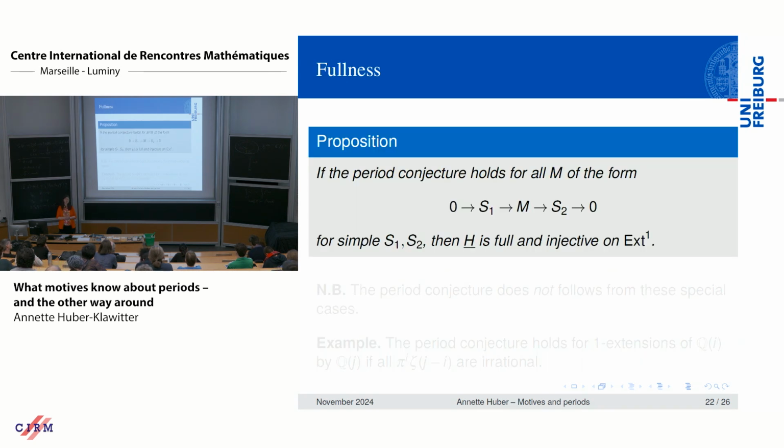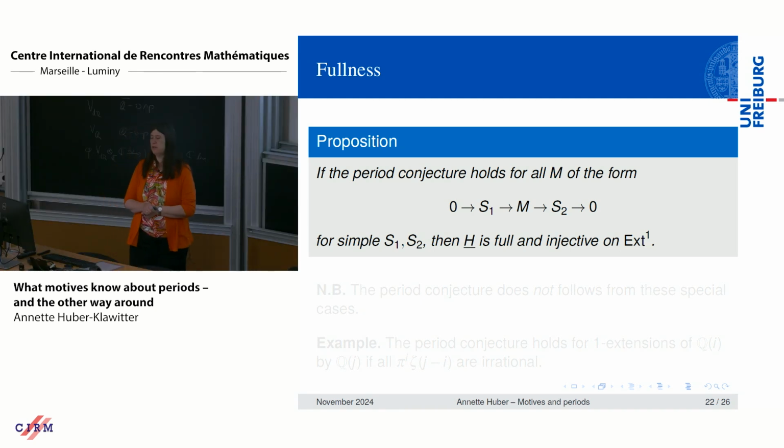So this is what you get from the weight filtration. If you can show the period conjecture for particular motives, the ones that are 1-extensions of simple objects, so you need to show the period conjecture for pure motives, and you need to show it for 1-extensions of simple motives, then you get the fullness statement. Okay, you don't get the period conjecture, but you get the fullness statement for the whole category of Nori motives.